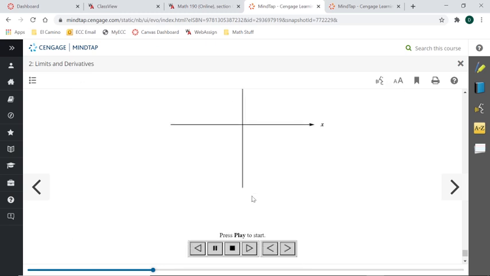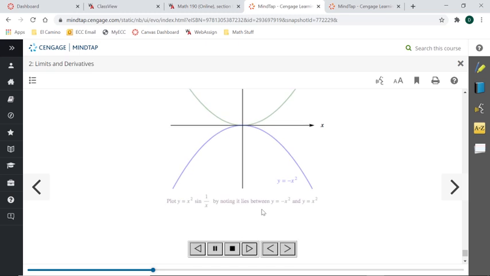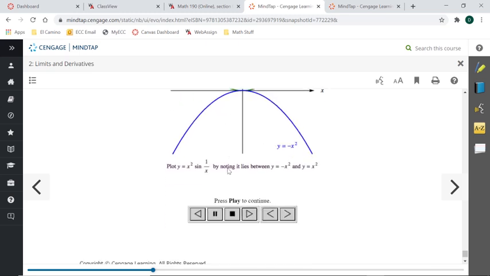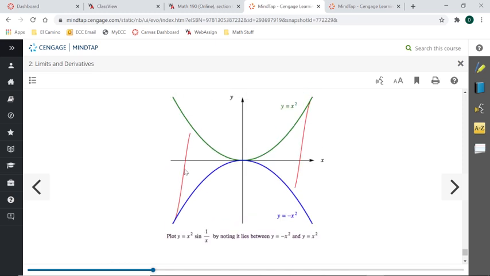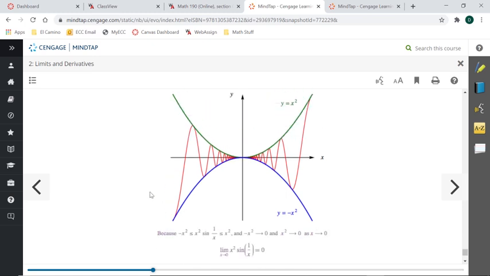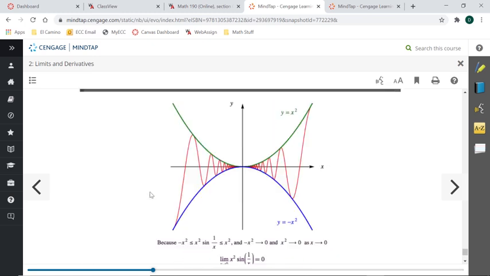This is a cool little animation they did to show sketching the floor and ceiling, and then how we can sketch the function and run the limit from the left and the right, to see geometrically how this limit is being evaluated.